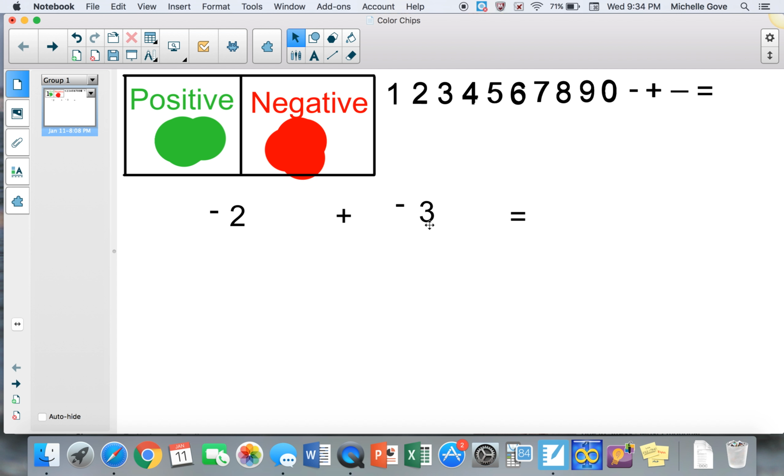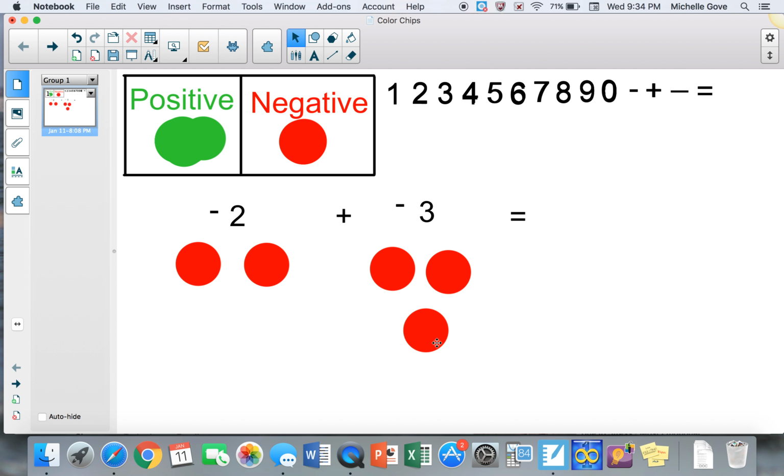So if we have negative 2 and negative 3, still basic but a little different. So the kids will have, I have negative 2, so we'll represent that with 2 red chips. And negative 3, I'll represent that with 3 red chips. So altogether I have 5 red chips, which would give us negative 5.